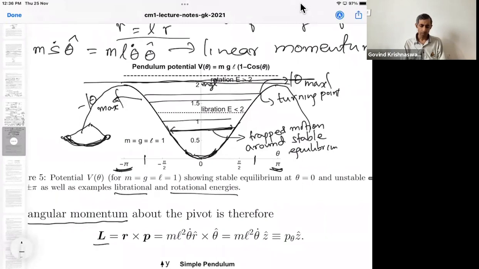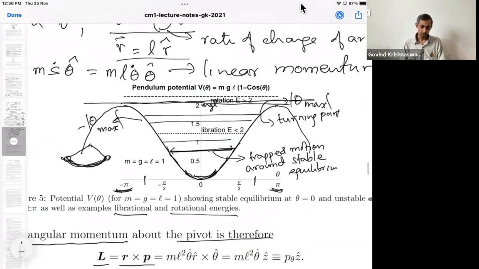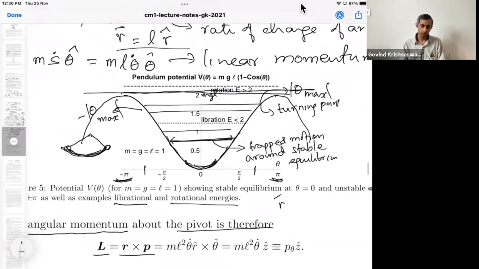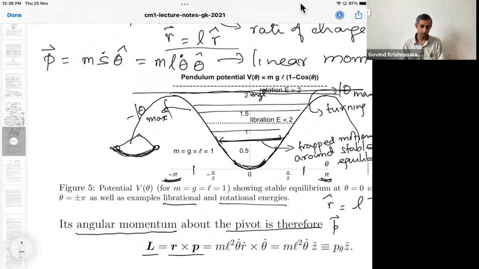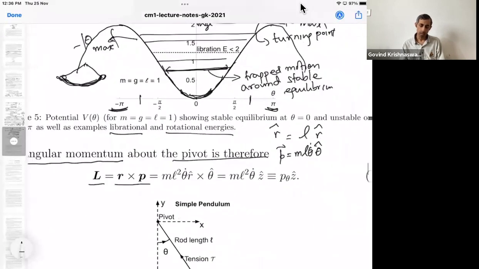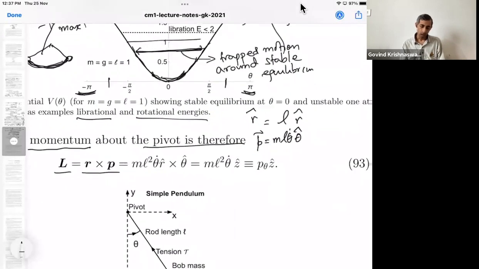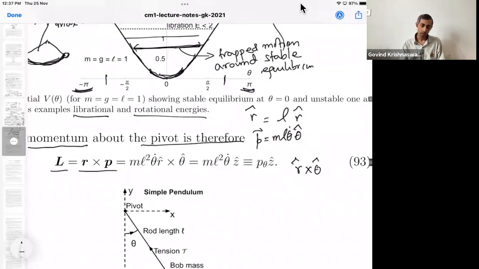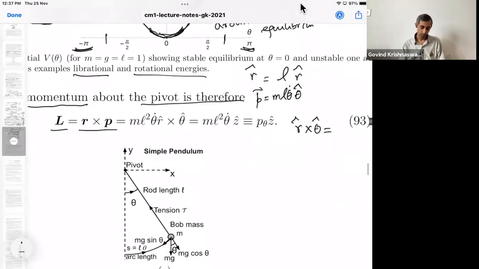Angular momentum L about the pivot is defined as r cross p. For r, I substitute l r hat. For p, I substitute the formula we derived previously, m l theta dot theta hat. Multiplying the two, I have to make use of the basic fact that r hat cross theta hat is what?